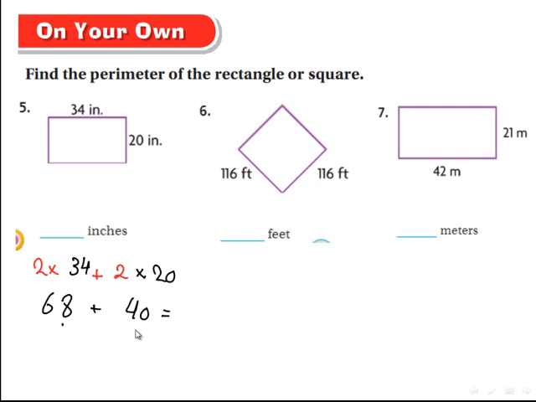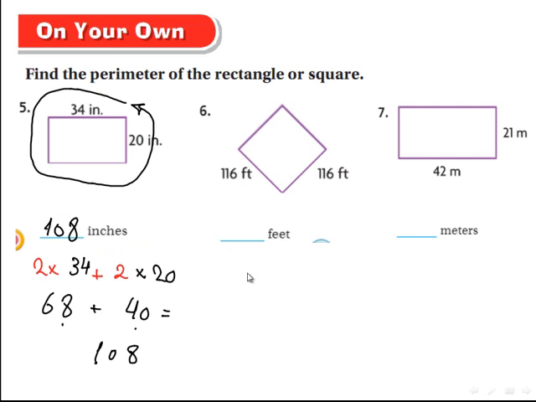Add all of them step by step. 8 plus 0 equals 8 and 6 plus 4 equals 10. So the final answer is 108 inches. This is the perimeter of the whole rectangle. 34 twice and 20 twice gives me 108 inches.